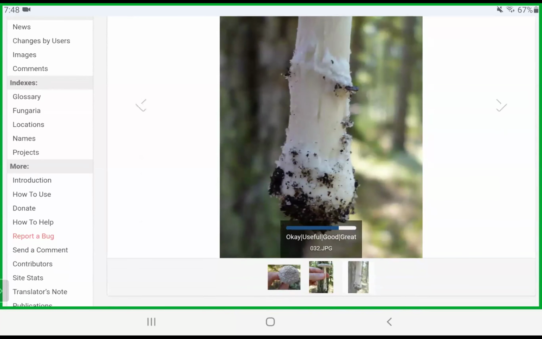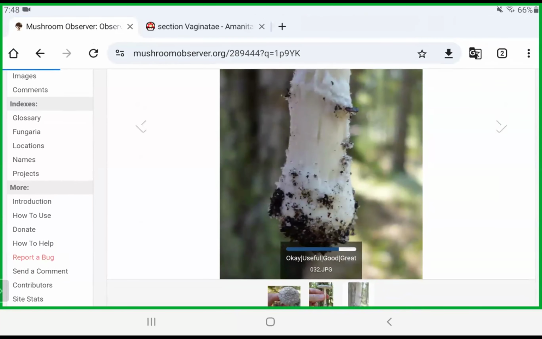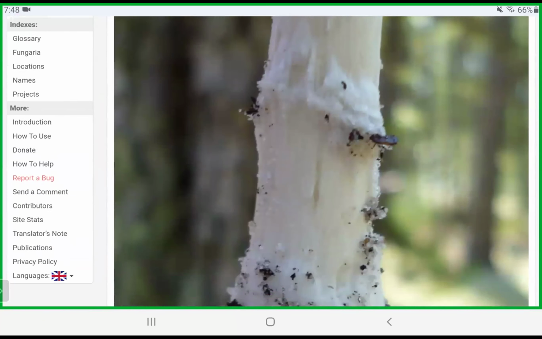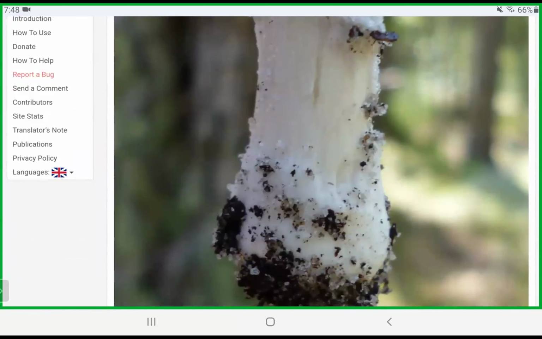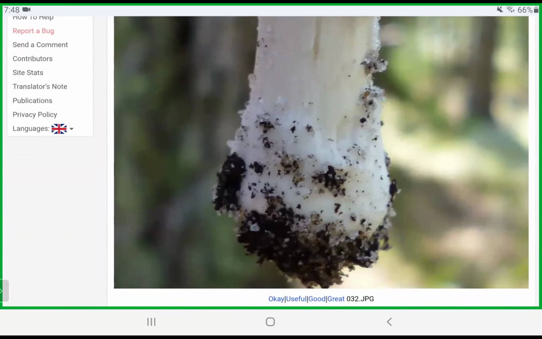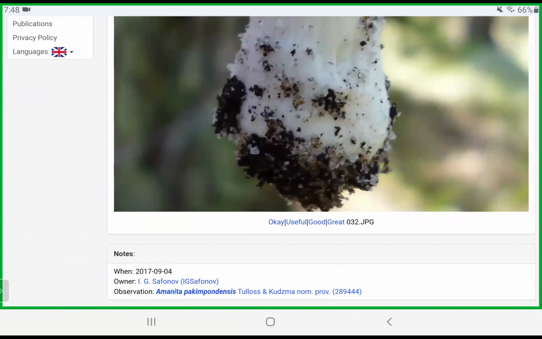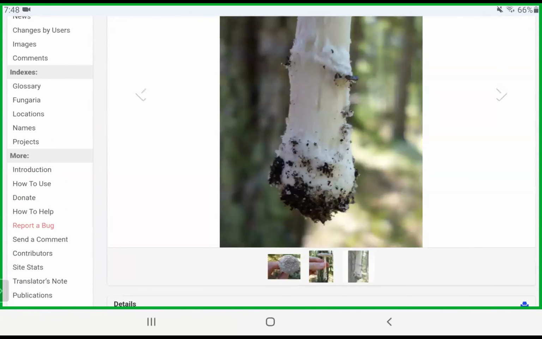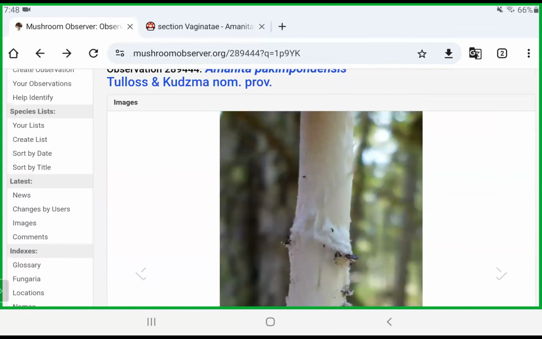It just leaves a ring-like structure just above the stipe base. By the way, one thing that was not mentioned by Hunter as one of the key features of section Vaginatae is that it's only one of three sections that does not have bulbs. So in other words, the stipe is totally elongating.